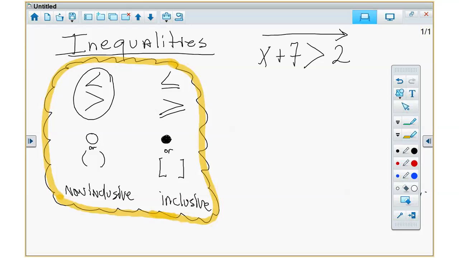So x plus 7 is greater than 2. So we solve. Same way we've been solving. And x is greater than -5. Now, if you don't know what this means, all of our numbers that will work in this equation are above -5.